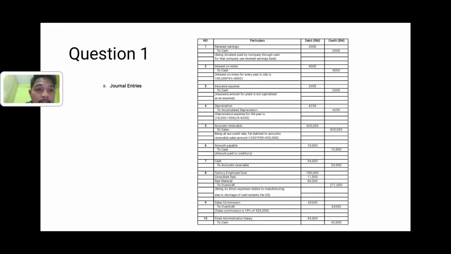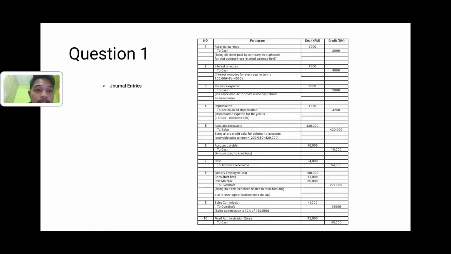So the fifth is accounts receivable, which is debit 420,000 and to sales credit 420,000. These are all credit sales, so debit to accounts receivable. Sales amount equals 1,200 times 350 equals 420,000.